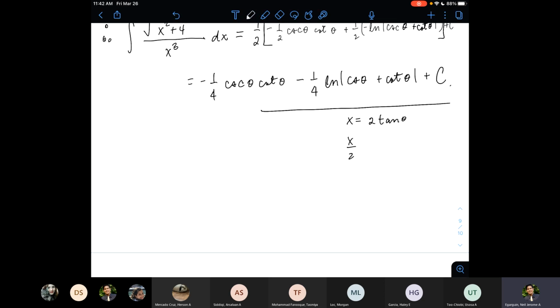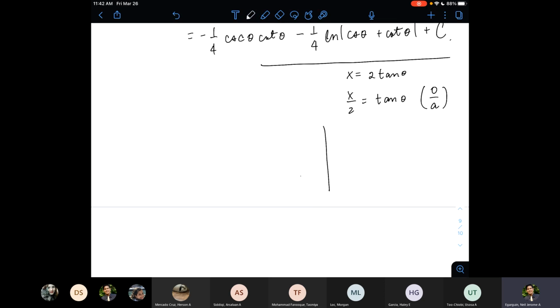From there, x over 2 equals tangent theta. But recall from SOHCAHTOA, tangent is opposite over adjacent. So if you draw a triangle, here's the right angle, here's the angle theta. Opposite theta should be x units, adjacent to theta should be 2, and then you can use the Pythagorean theorem to find the hypotenuse.